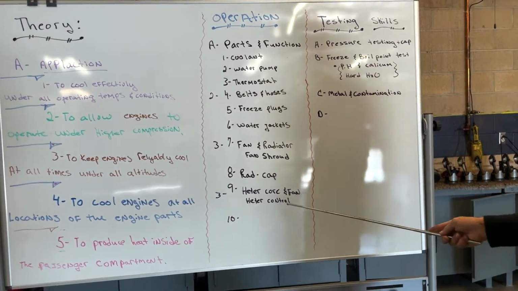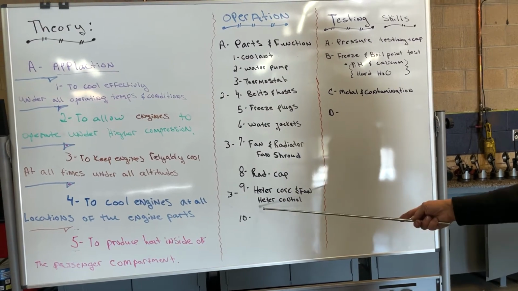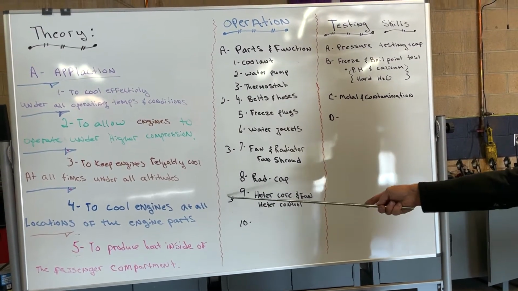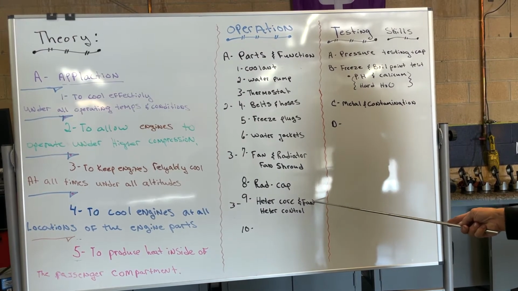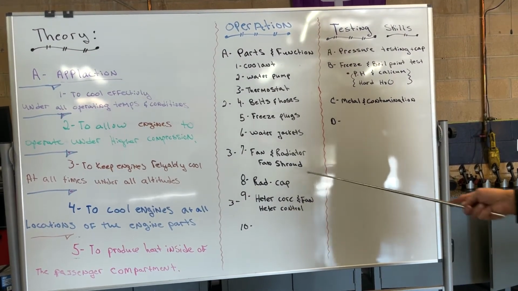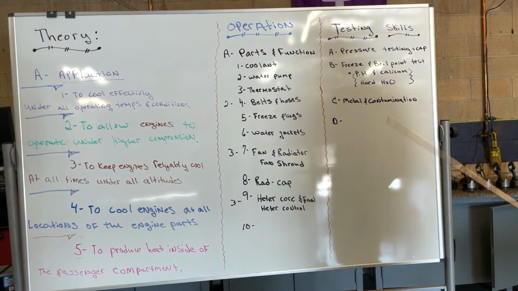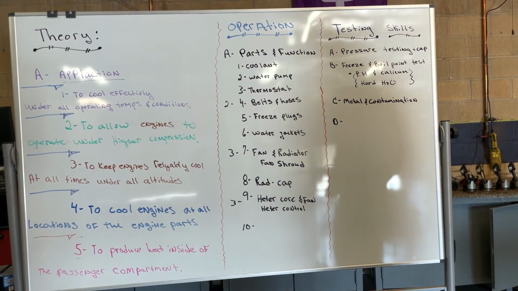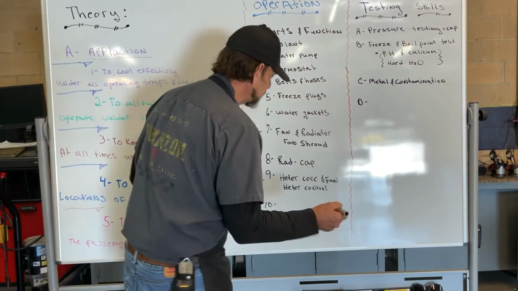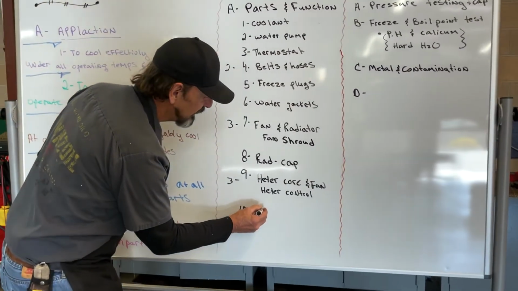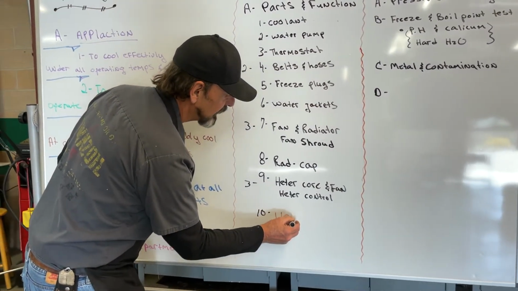And then we have the heater core and the fan and the heater control. 3 parts: the heater core and the fan and the heater control. All 3 parts are used to heat the passenger compartment. And last, and I wrote this down last, is provide ventilation.